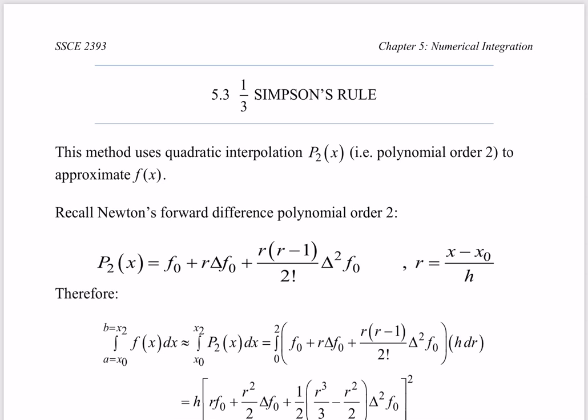Today we will continue our lecture on chapter 5, numerical integration. In our previous video before the semester break, we discussed one method in numerical integration, which we call the trapezoidal rule.